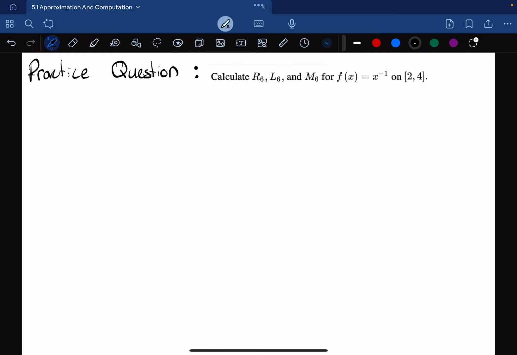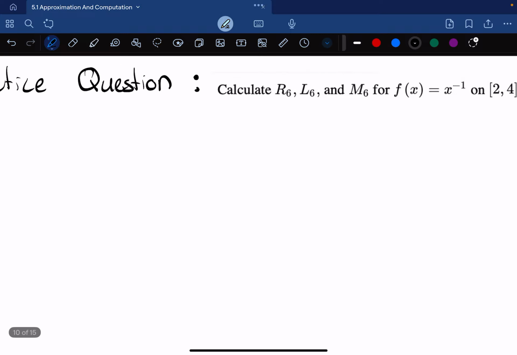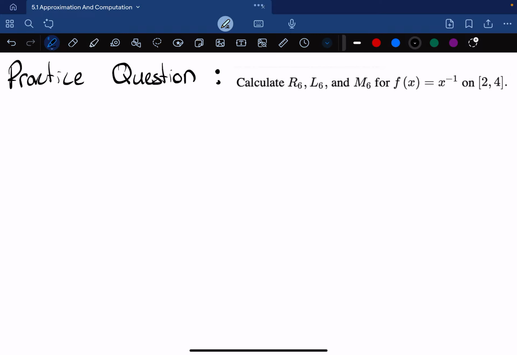Calculate R6, L6, and M6 for the function f of x equal to x to the negative 1 on the interval 2 to 4. Beautiful question. So we're just going to write down our important information. Our function is f of x equal to 1 over x, and 1 over x and x to the negative 1 are the same thing.